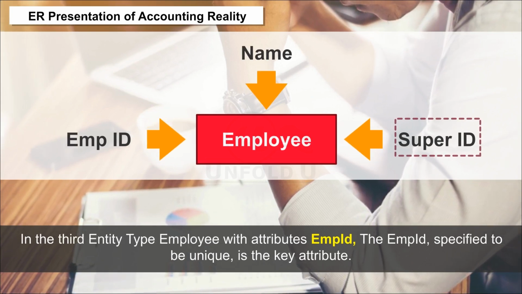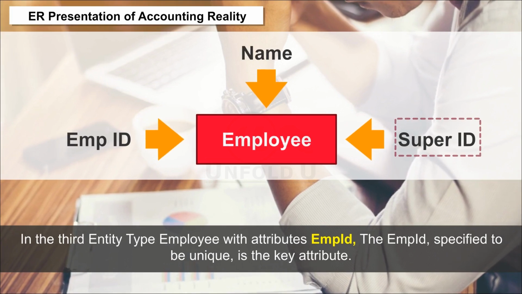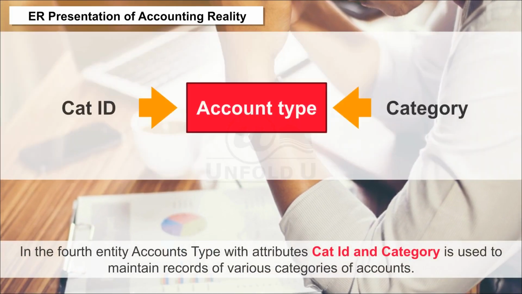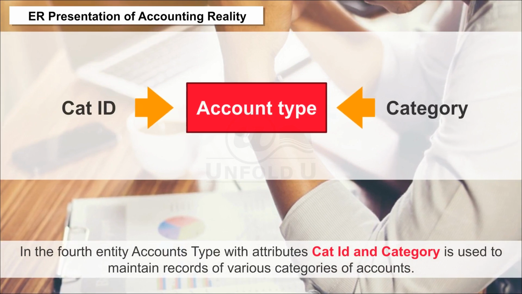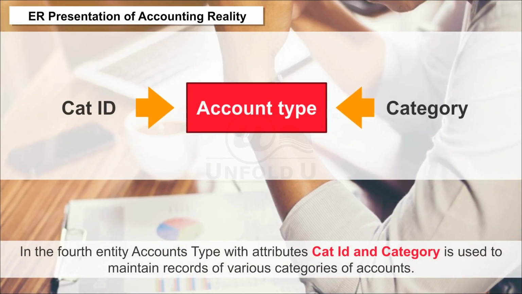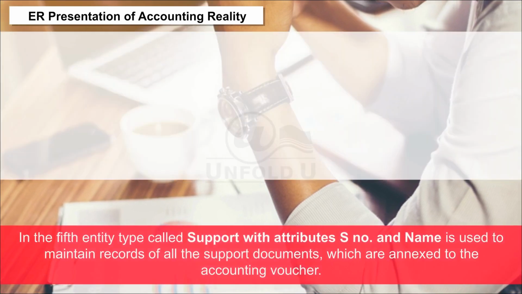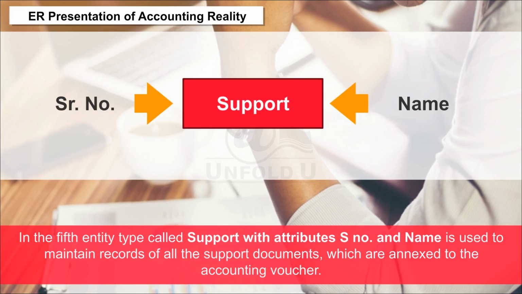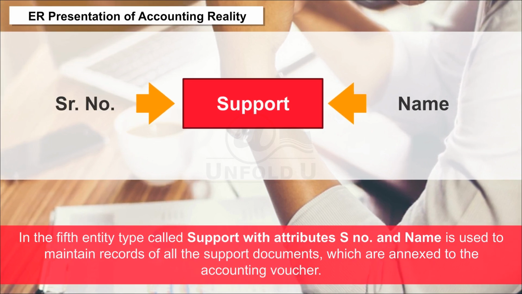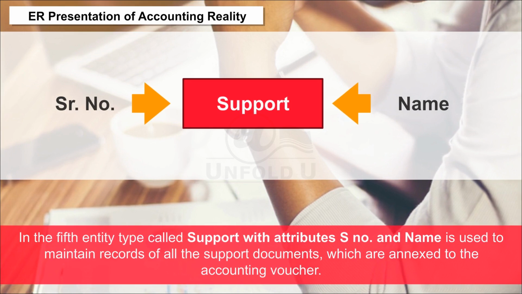Super ID indicates the employee ID of the controlling officer. In the fourth entity, accounts type, with attributes category ID and category, is used to maintain records of various categories of accounts. In the fifth entity type, called support, with attributes serial number and name, is used to maintain records of all the support documents which are annexed to the accounting voucher.